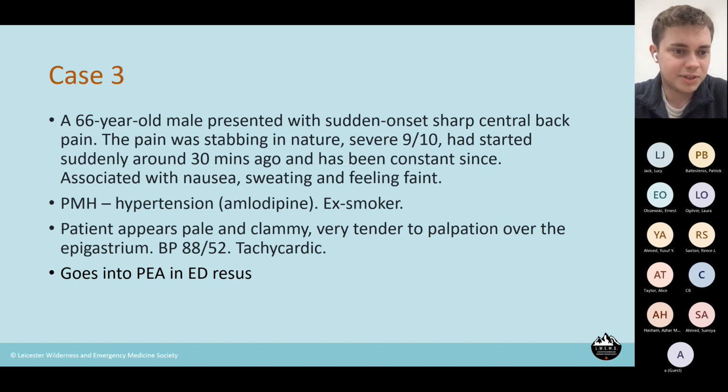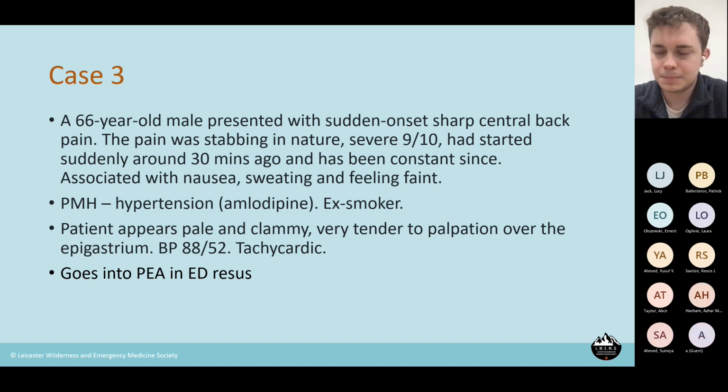Why do we think that's happened in this case? Any ideas?